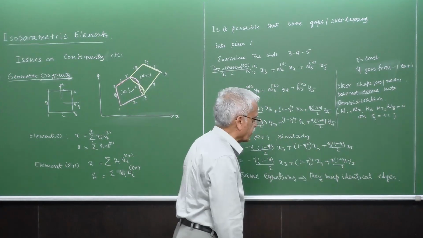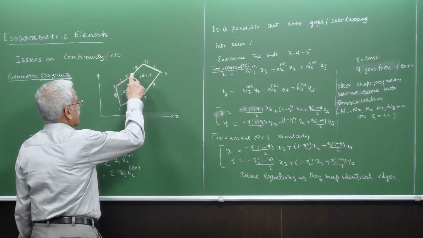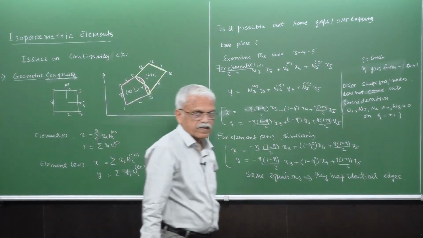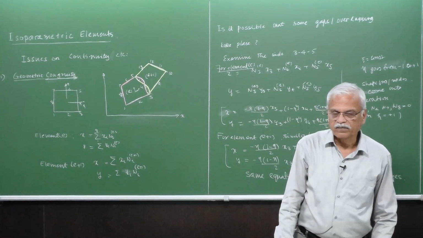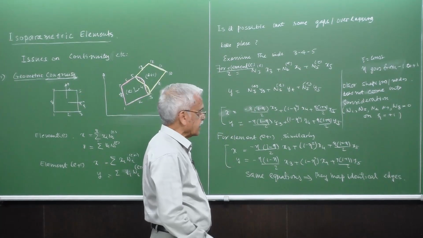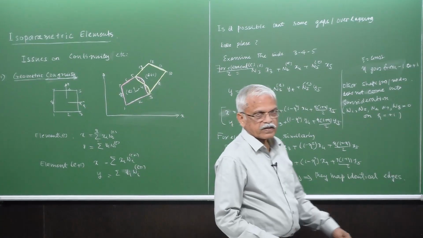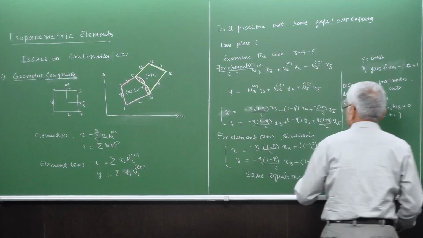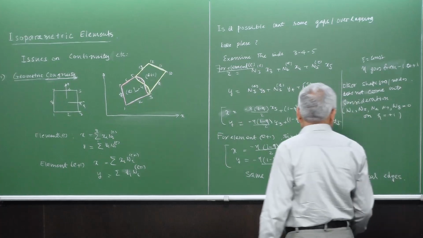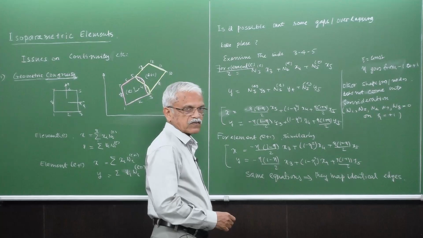Okay, so this is very important for us. So that means that whatever you map for element E and for element E plus 1, you have identical expressions, so you will get the same identical edges. xy is a parametric equation, of course, but whatever eta you put here, you will get the same xy values. So the elements are congruous.